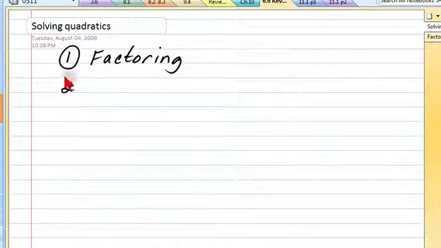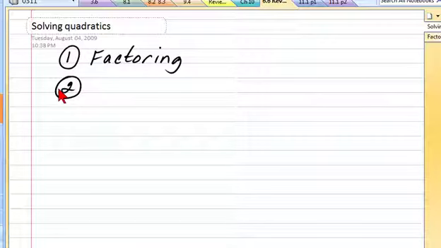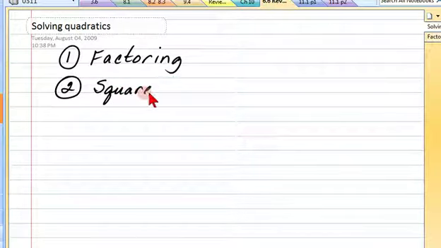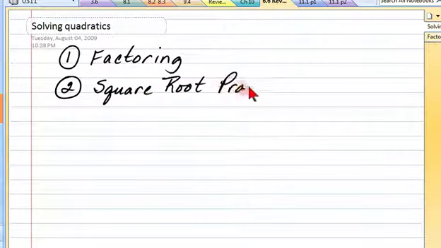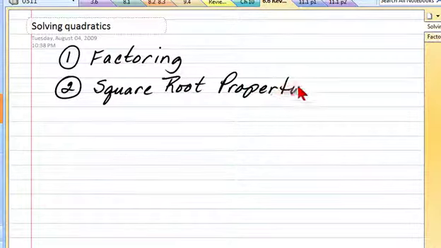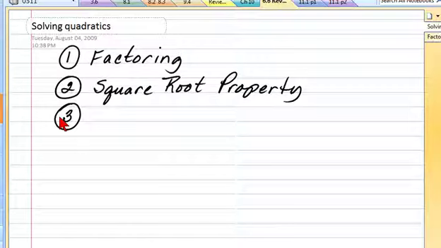The second way is rather specific to only certain kinds of problems, and it's called the square root property. The third method for solving quadratics, and by the way, the square root property is in section 11.1.